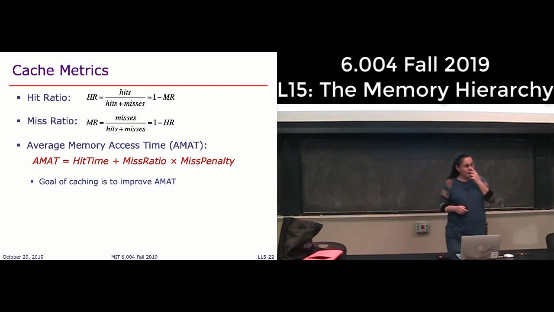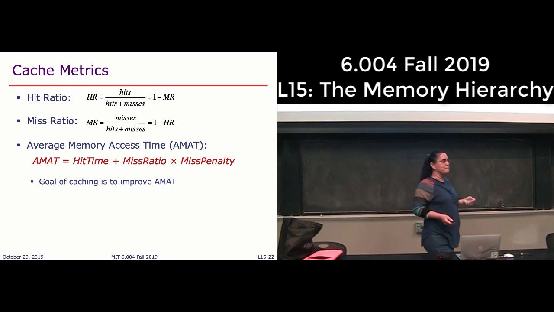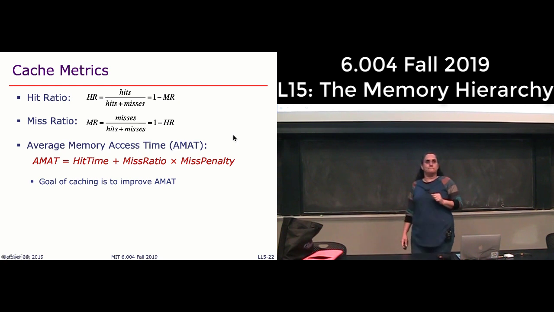Okay, so what is my average memory access time? It's basically my hit time, because I always have to check, does my cache have the piece of data that I'm looking for? And then if I didn't find it in my cache, which is going to happen miss ratio fraction of the time, then I'm going to pay this miss penalty, which is how long it takes me to now go and access main memory.